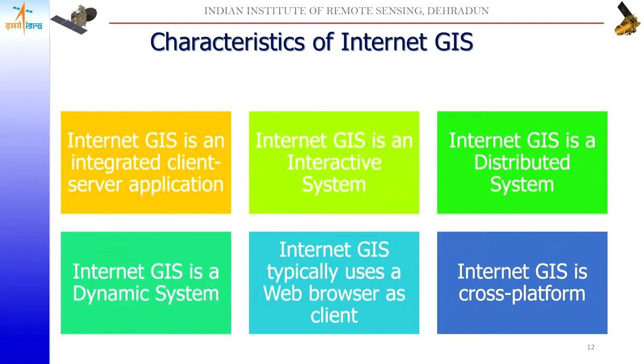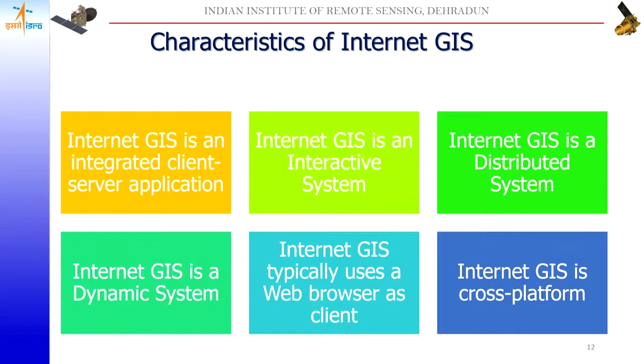Consider the case of COVID. Every time, let's say, a new red zone or containment zone comes up, if we immediately update the map on our remote server application, the moment any user sends a new request, he will be able to see that containment zone. This is unlike a standalone system where the data has to be physically moved from one machine to another in order to get the real data.